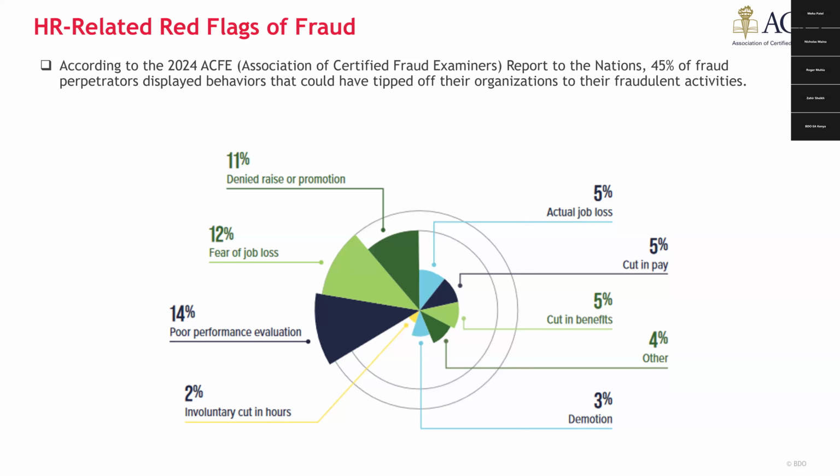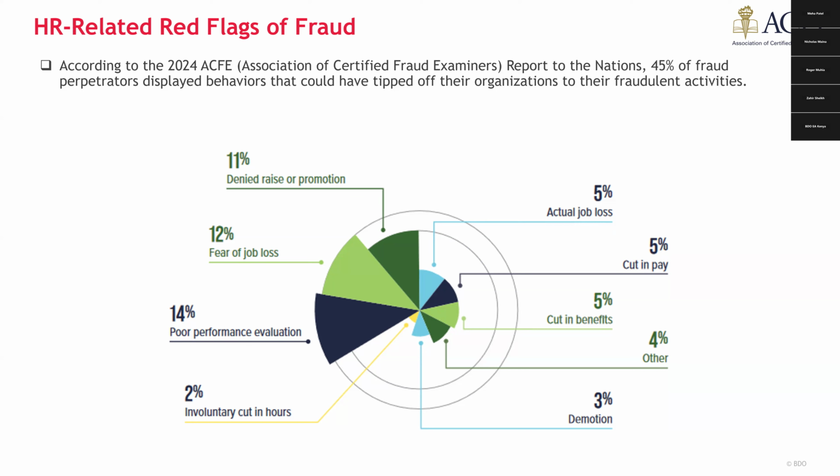In this case, we will use the ACFE 2024 Report to the Nations, which indicated that 45% of fraud perpetrators displayed behaviors that could have tipped off their organizations to their fraudulent activities. It's important to use data because it helps us understand and keep tabs on the areas that we will concentrate on more and more.